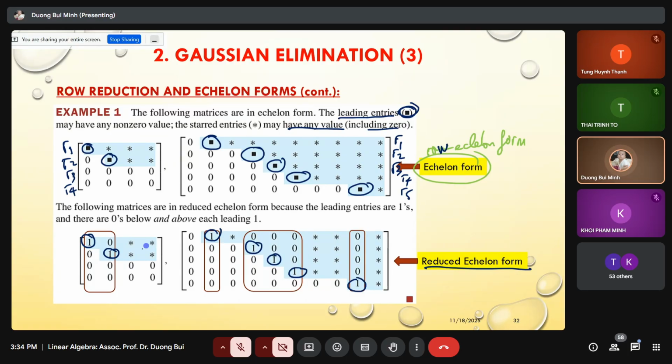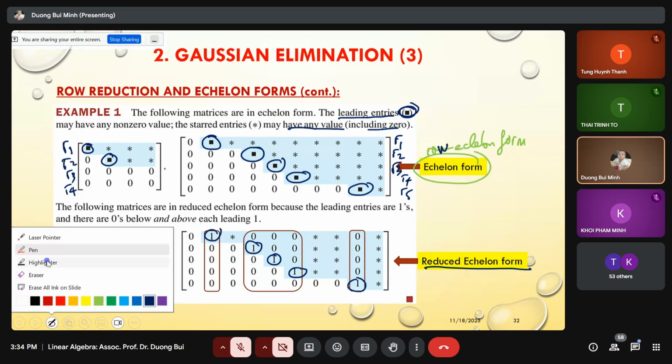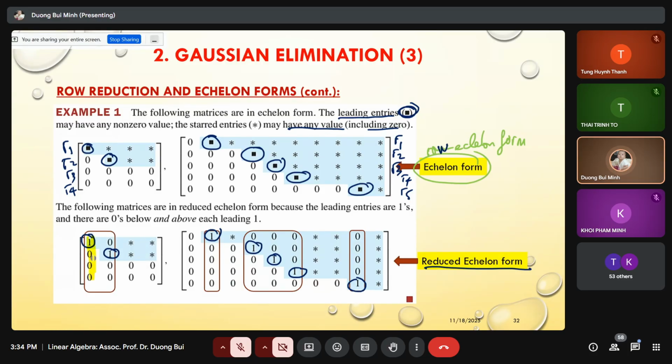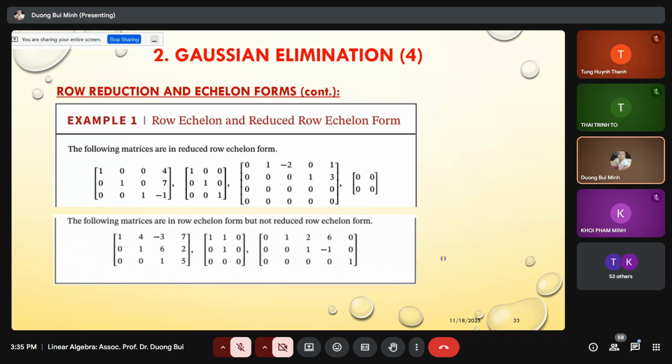And remember, in the same column, only the leading entry is 1, the others will be 0. The next column, the leading entry is 1, the other entries will be 0. The same for each column, because we are considering reduced echelon form.